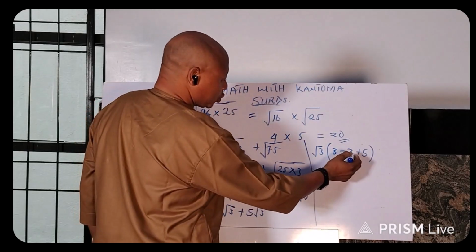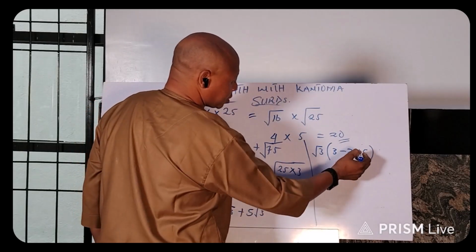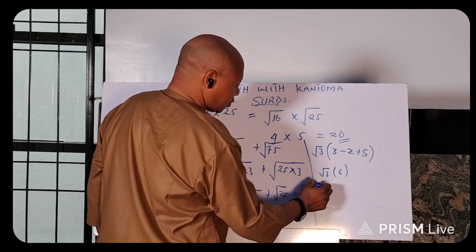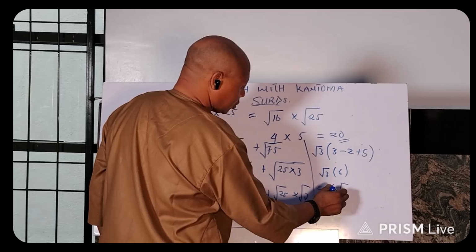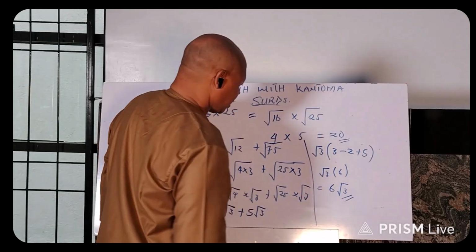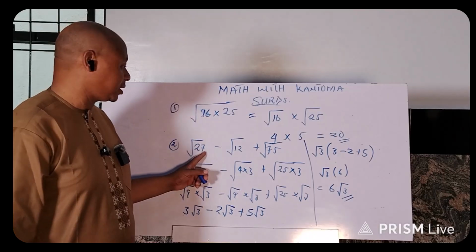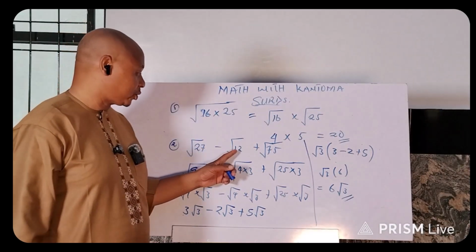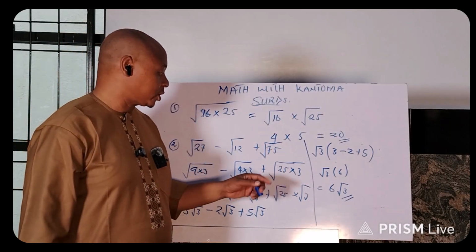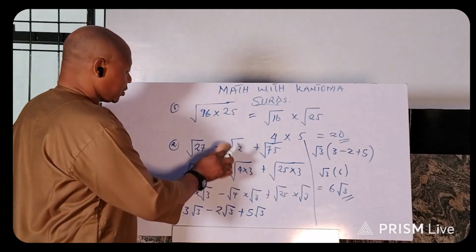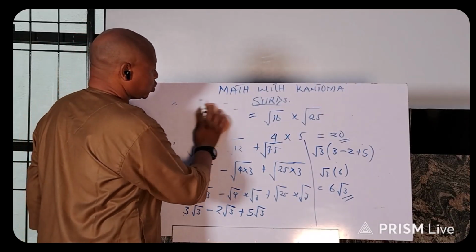So 3 minus 2 is 1. 1 plus 5 is 6. So I have root 3 times 6, and this will give us 6 root 3. So this gives us the solution or the result of simplifying root 27 minus root 12 plus root 75.